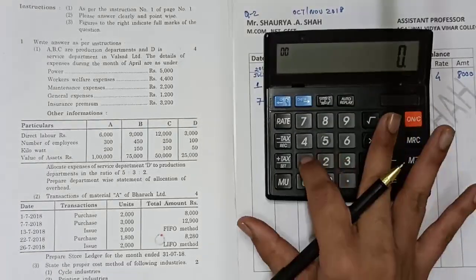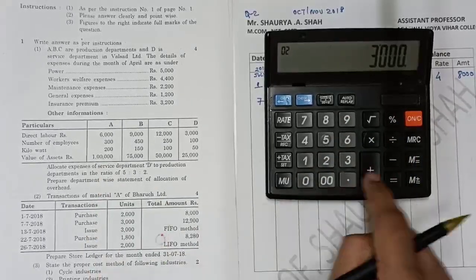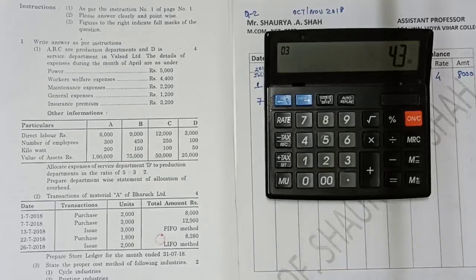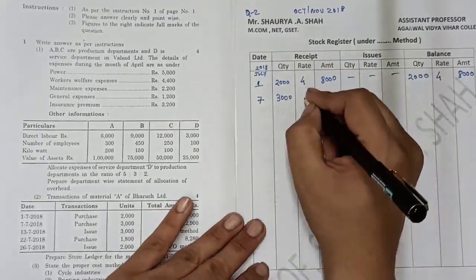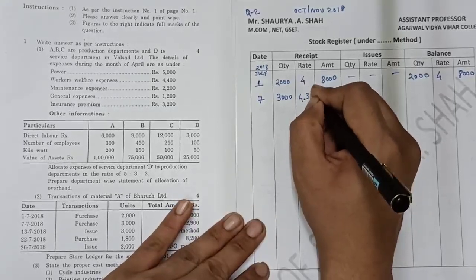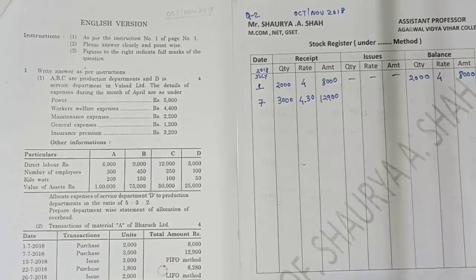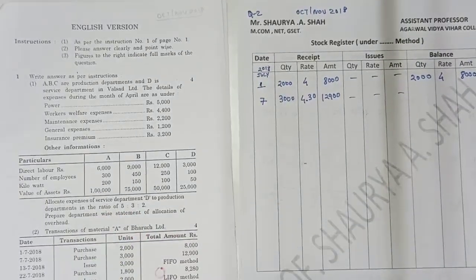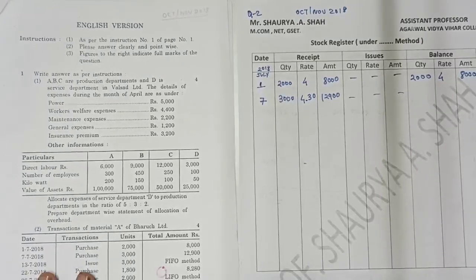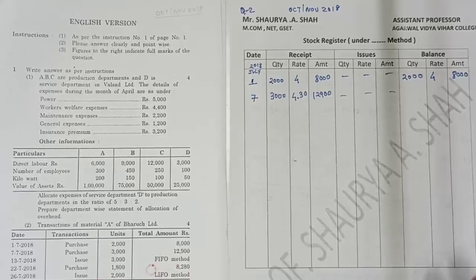What you need to do is total amount divided by total quantity. 12,900 divided by 3000 gives me the rate of 4.3, right? So go into the points, 4.30 I am writing for your convenience, right? So the amount is 12,900. Now issues dash dash dash. Now the balance you need to write down, right? As far as nothing is said, we will consider it according to the FIFO itself, right?